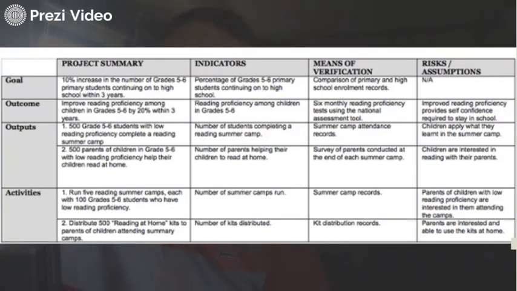And the results of your survey or focus group discussion would try to examine whether these assumptions were correct, whether these assumptions were met in the project implementation.